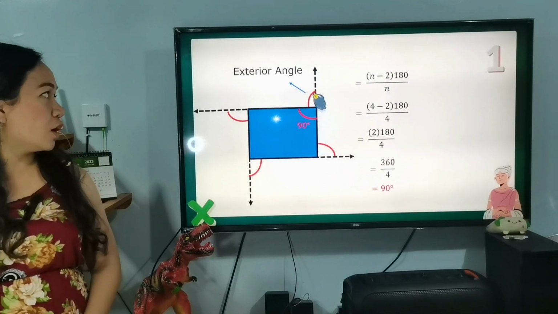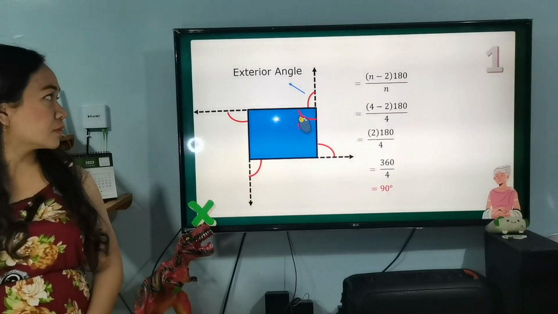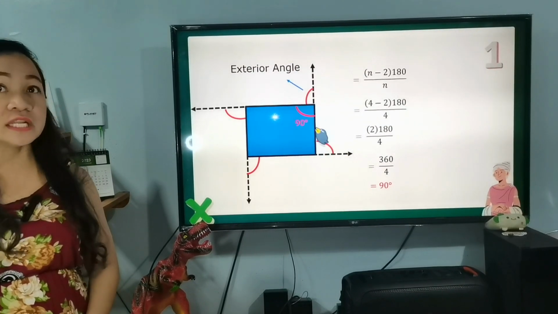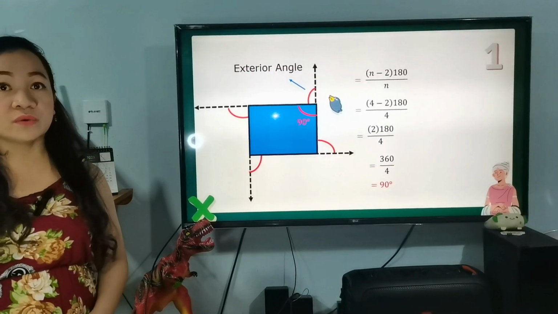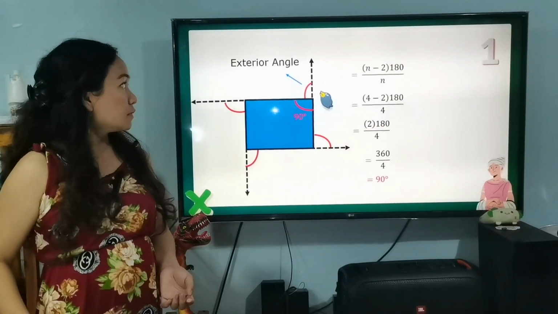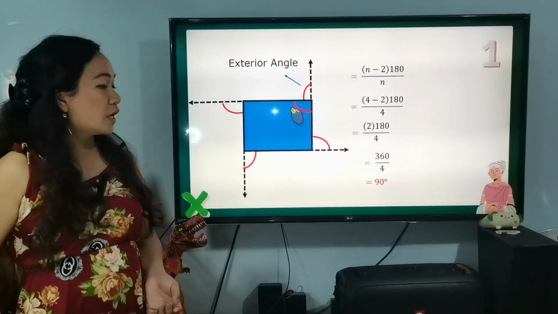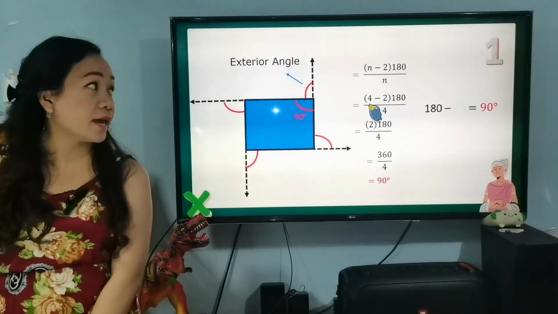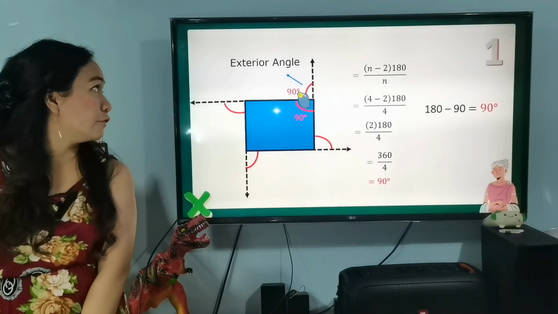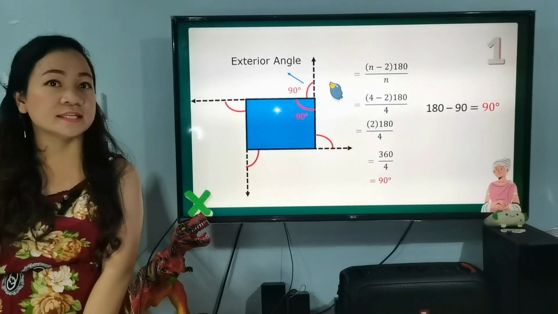The same thing, this interior angle is 90, and we are going to get the exterior angle. Since they are a linear pair, the measure is 180 degrees. So we subtract 180 minus 90 degrees, and you have the exterior angle, 90 degrees.